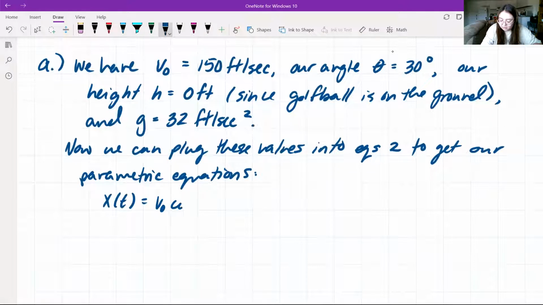So we get v naught cosine of theta times t.